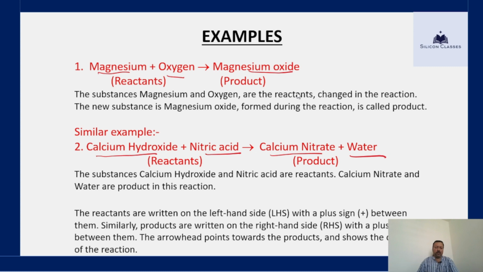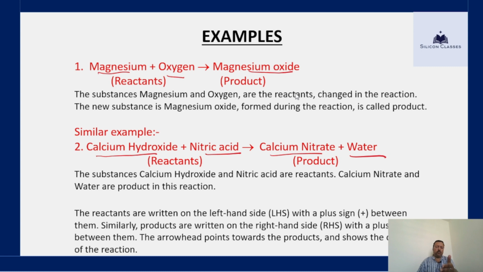Similarly, we should write the product in the right side of the chemical equation, and two or more different products should be separated by the plus sign.